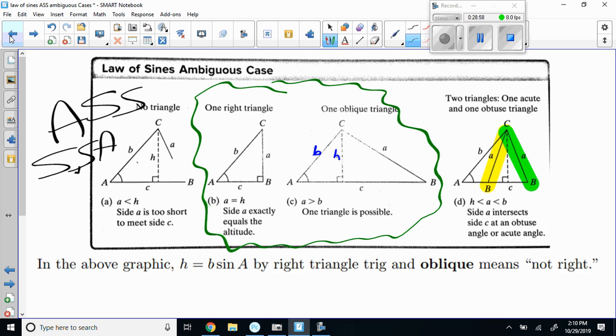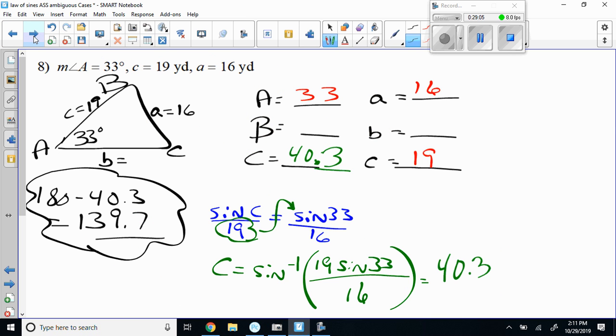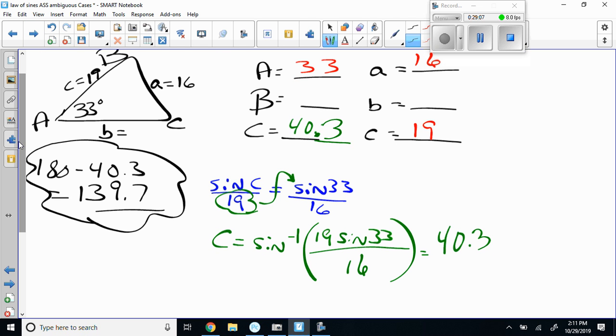Guys, you can look at this. This is an acute angle. I know my supplement has to be obtuse. Add that back to the angle it was given. If it's less than 180, I got 2 triangles, right? If it's greater, I'll have 1. Boom, done. But I still got to fill in this information, right?